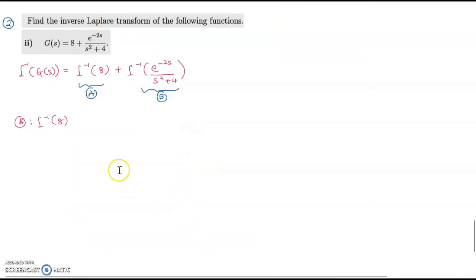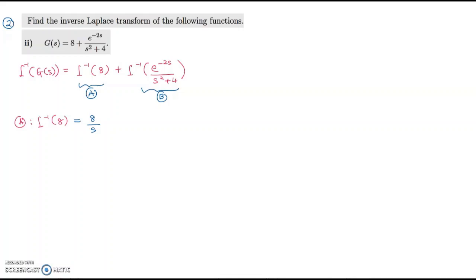So if we go back to this one, based on my past experience with previous students, a very popular common mistake is this one. Students tend to write the answer to be 8 over s. This is not true, because this is the inverse, not the Laplace transform.